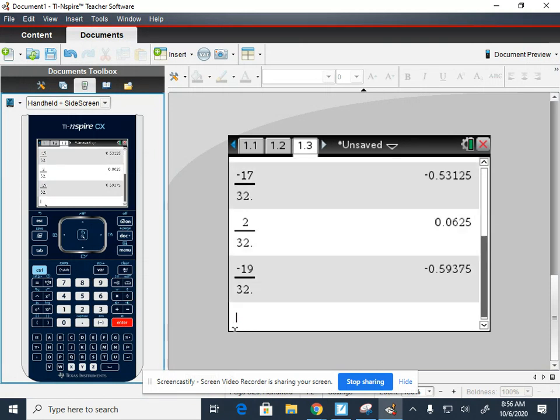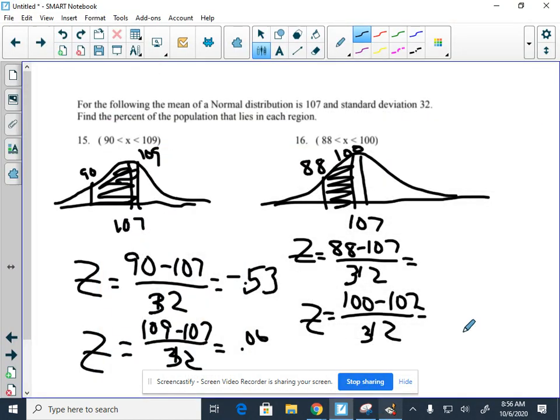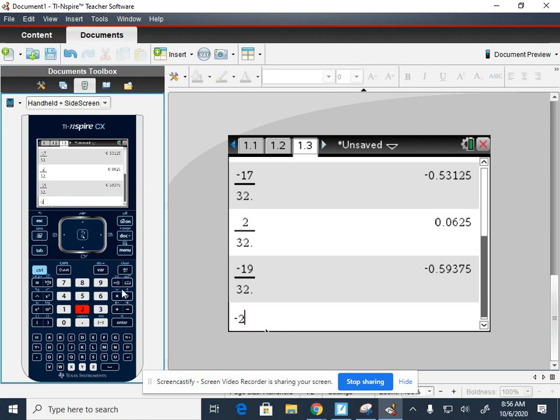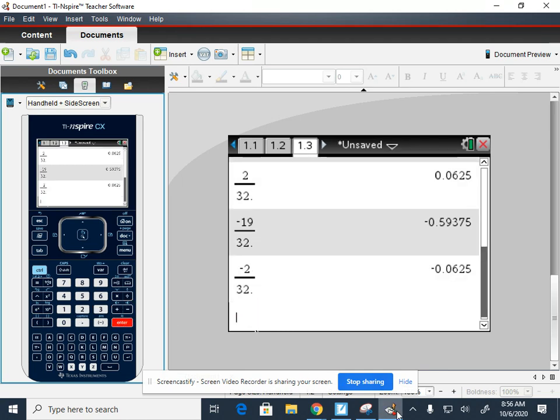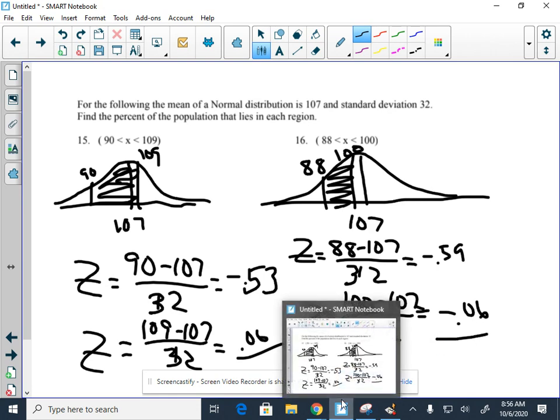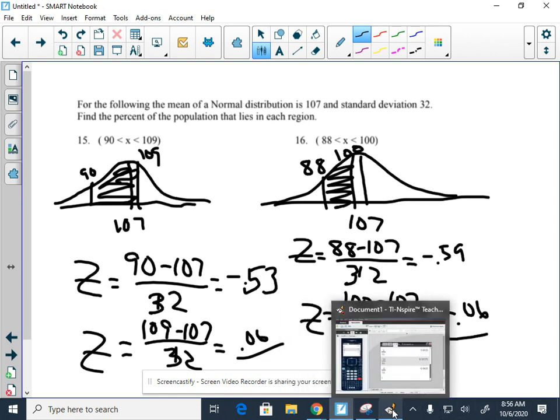Next, -19 divided by 32, -0.59. Correct me if I have any of these wrong. And then the next one is -2 divided by 32. This is going to be a real small z-score, close to 0, -0.06. Oh, should have recognized it. These two are exact opposites of each other. They're both 2 away.